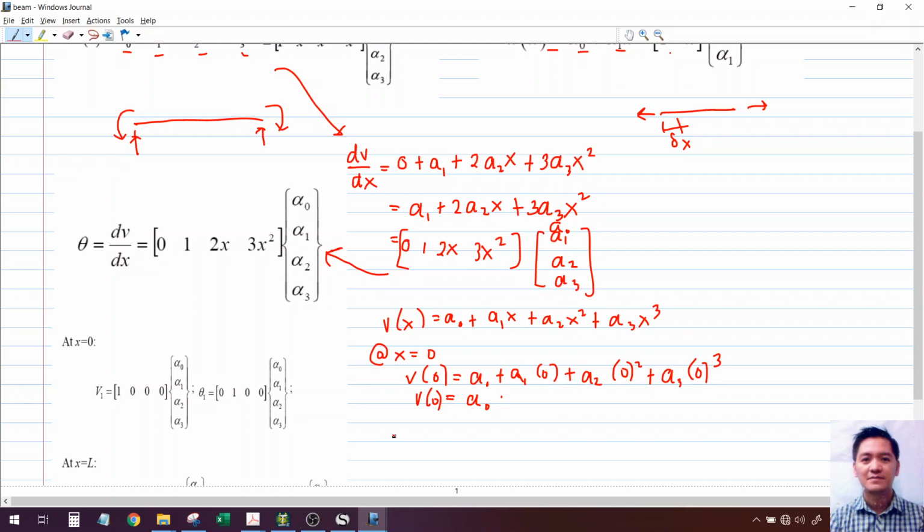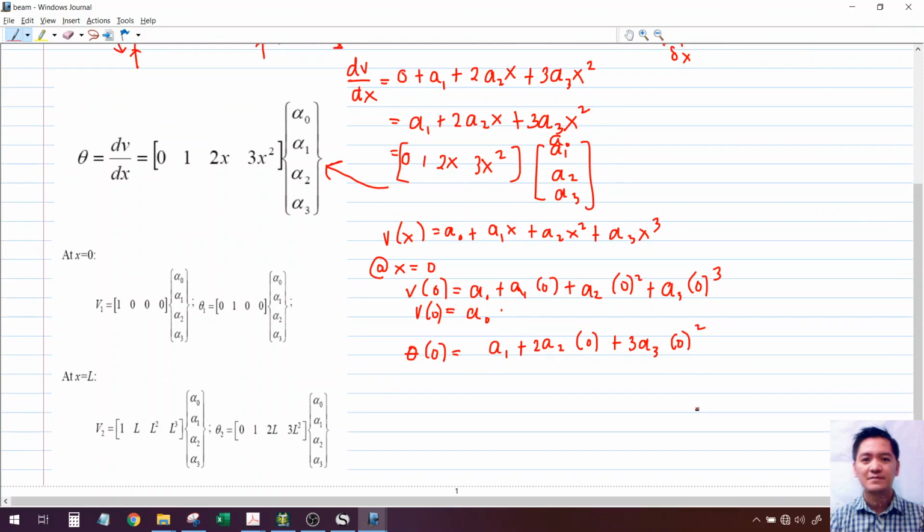How about our theta? Theta at 0 is equal to, gagamit ko itong equation na to. Alpha 1 plus 2 alpha 2 times 0 plus 3 alpha 3 times 0 squared. Okay, what do you get?